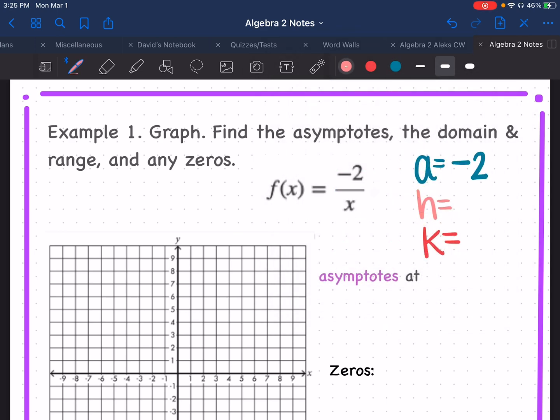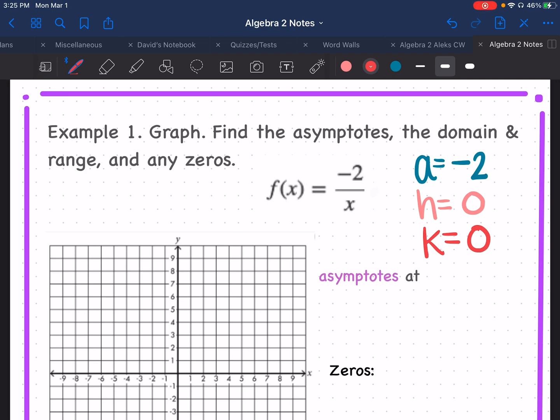My h is going to be the number that's down here with my x, because remember it was x minus h. Well, there's nothing being added or subtracted to my x value, so it is going to be 0. And my k value, remember, should be right here because it said plus k, but there's nothing there. And so I'm going to say that k is 0.